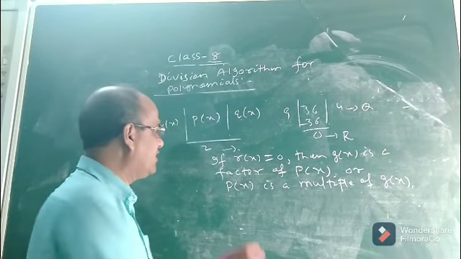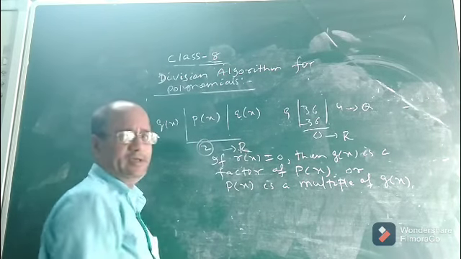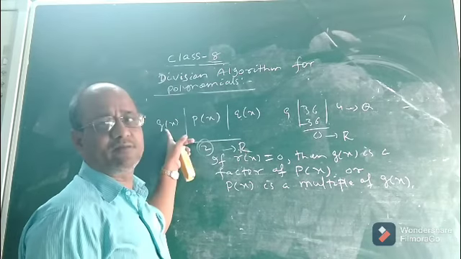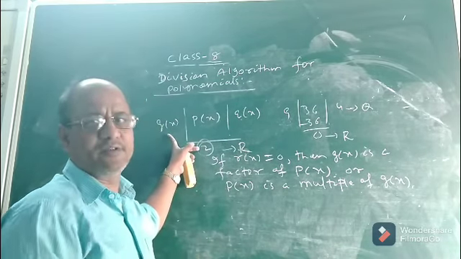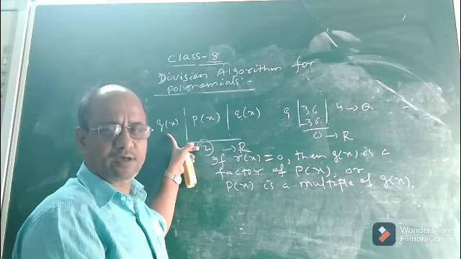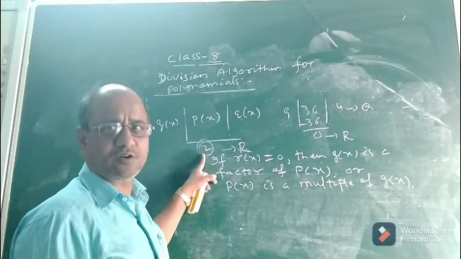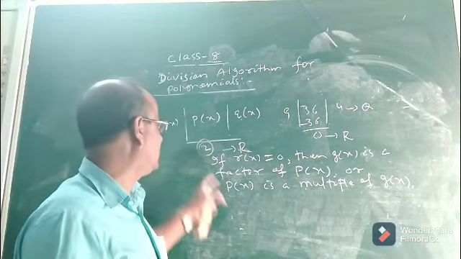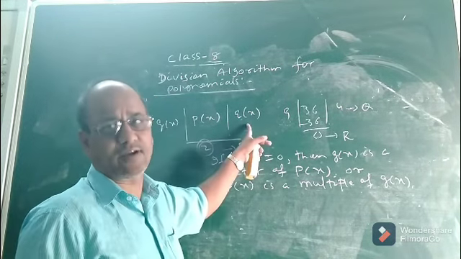So the condition is, the remainder must be either 0 or its degree must be less than the degree of the divisor. Up to that the division will continue, and there you will stop. When you find that the remainder is 0 or some non-zero constant whose degree is less than the degree of the divisor, you will immediately know that the division is complete, and that is the final remainder and this is the final quotient.